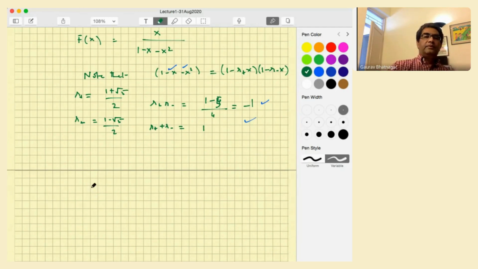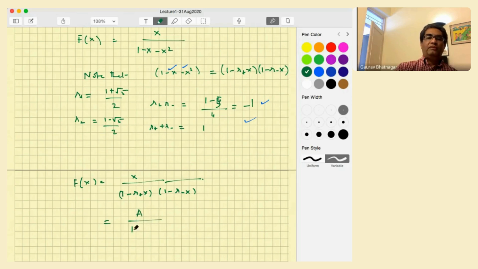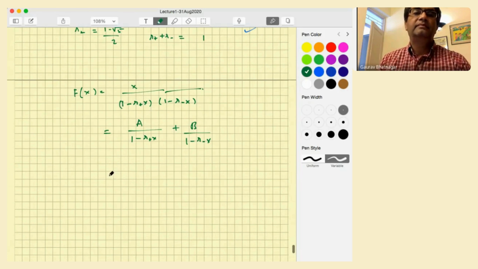So f of x is x over 1 minus r plus x times 1 minus r minus x. And what we do is we write it in terms of partial fractions. So we write it as a over 1 minus r plus x plus b over 1 minus r minus x. Do you remember partial fractions?